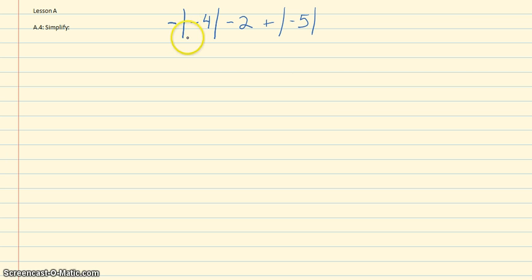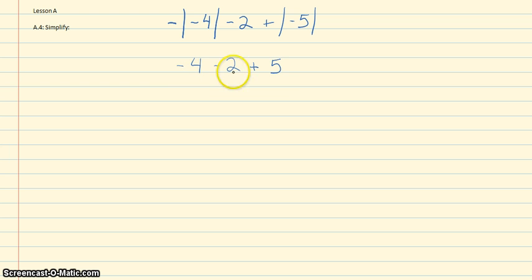So the absolute value of -4 is +4, but I still have this negative on the outside, so I'll have -4, and the -2 will stay as it is, and then the absolute value of -5 is +5, and it has a plus sign here. That plus sign will stay the same, and I'll have +5.